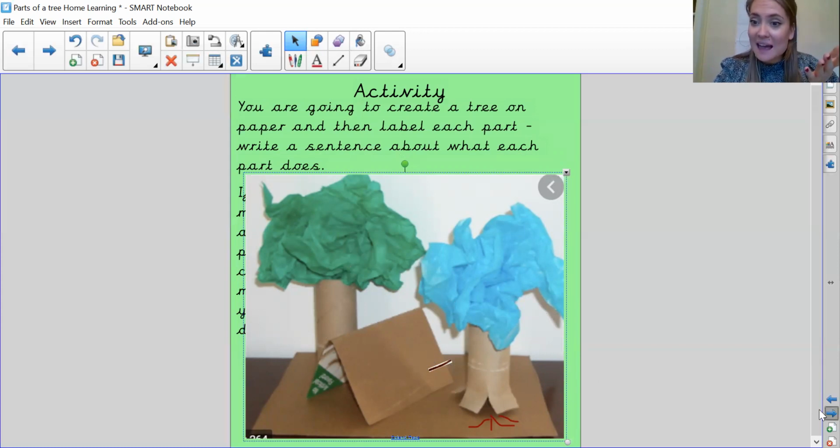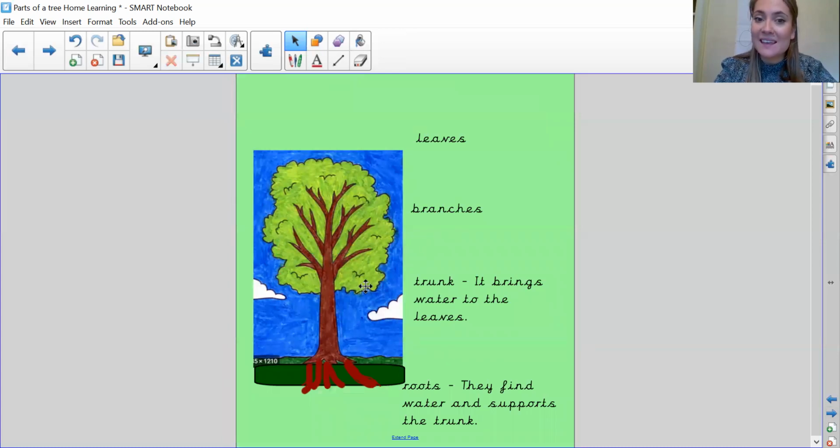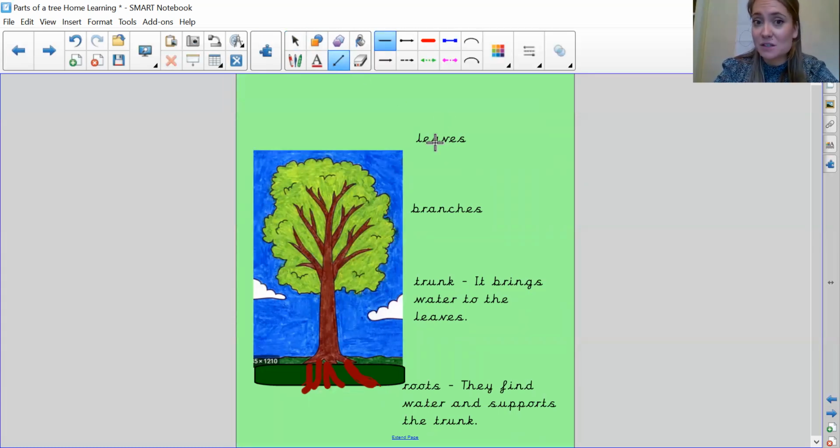If you can't do that and you'd like to do it on a piece of paper like this, I'll just show you how we do it. So when we do it at school, we label all the different parts and write a sentence about what the parts do. And then we use a ruler, don't we, to show where the different parts are on the tree. So here's my picture of my tree. And here's my label. I've written leaves.